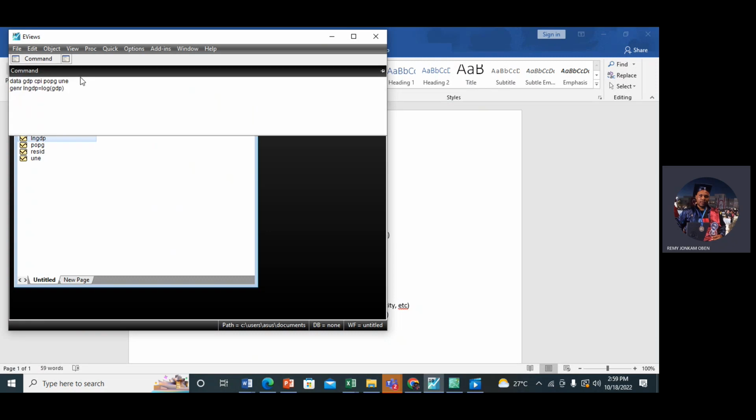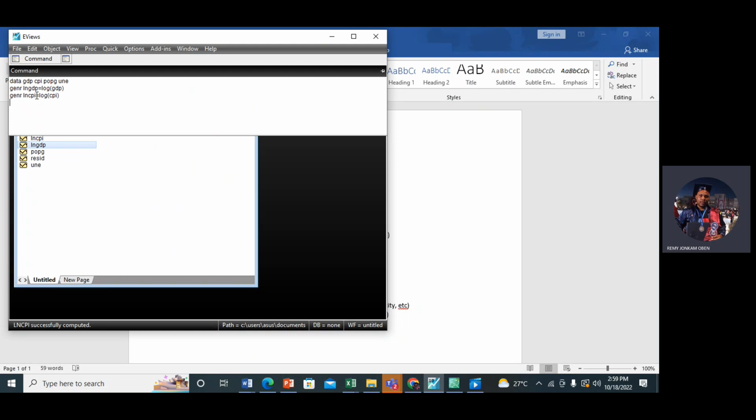So we can generate for the other variables. GEN lnCPI equals log CPI. Enter. You can do it one after the other for all the variables, but in order not to waste time, maybe in an exam where you need to be fast, you can just do one and then keep editing. For instance, let's say I've done CPI and I want to generate the logarithmic form of population growth.